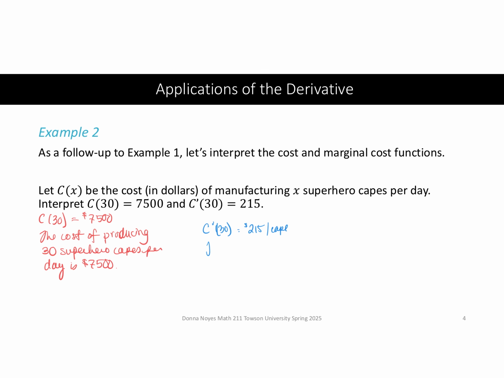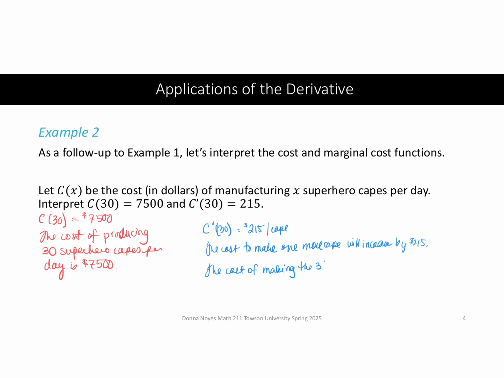So we would say the cost to make one more cape will increase by $215. What this is going to say on the online homework is the cost of making, if we have 30 and we add one more, that is our 31st.